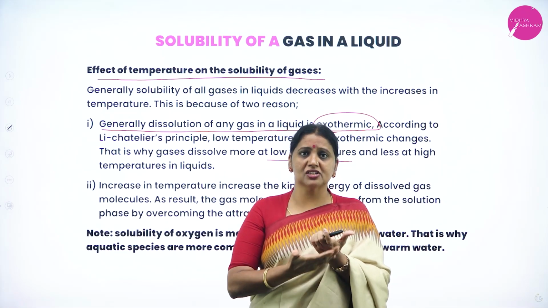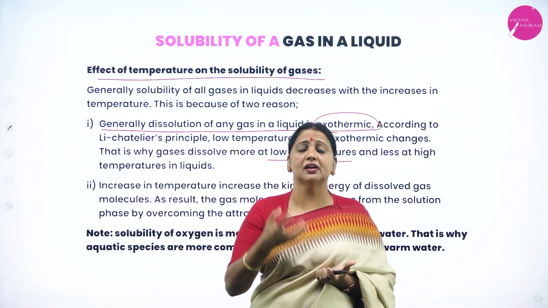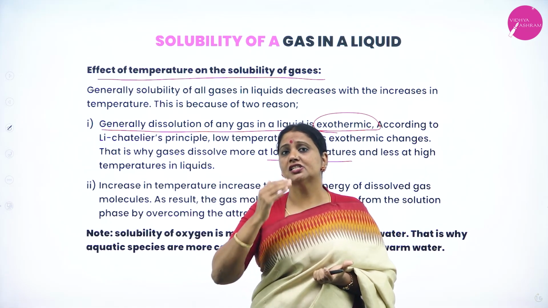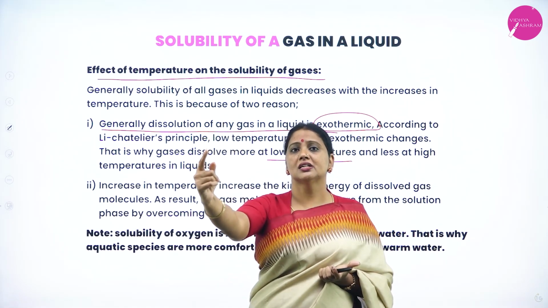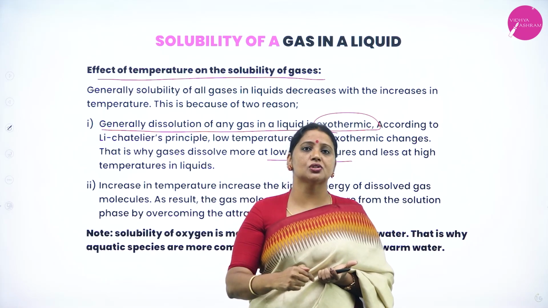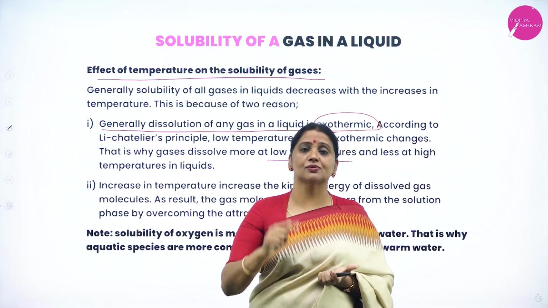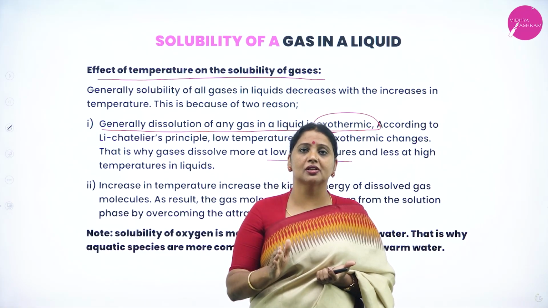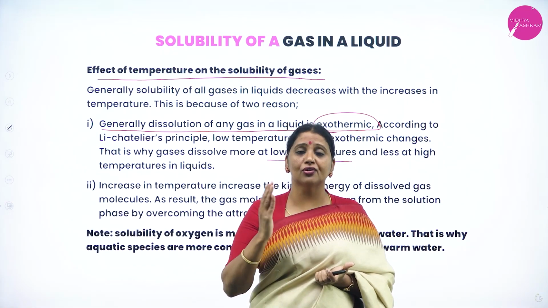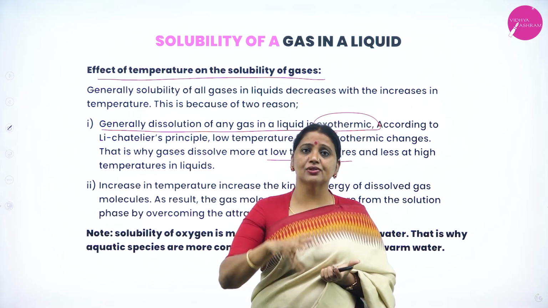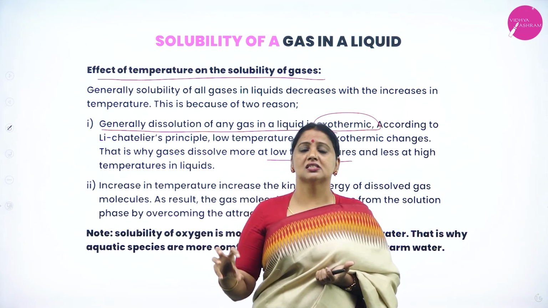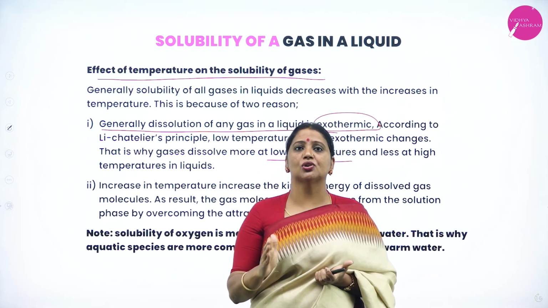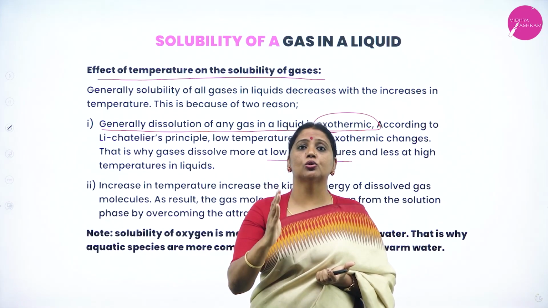That's the reason soft drinks as well as soda water are preserved in the refrigerator at low temperature, because if you increase the temperature, the gas leaves the system. Dissolution of any gas in liquid is exothermic and favored at low temperature.